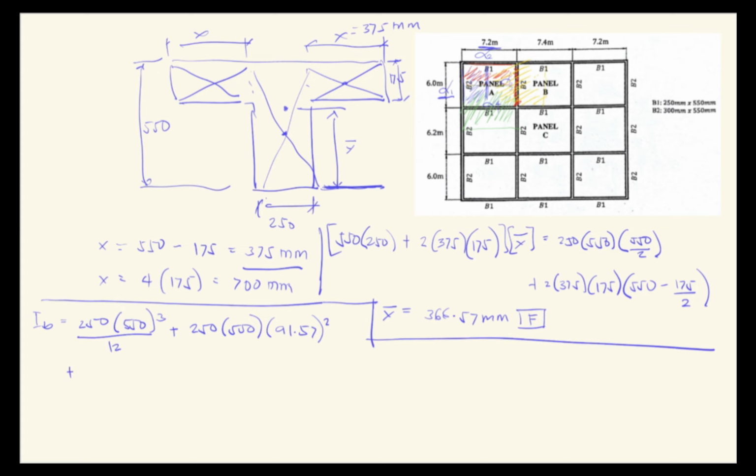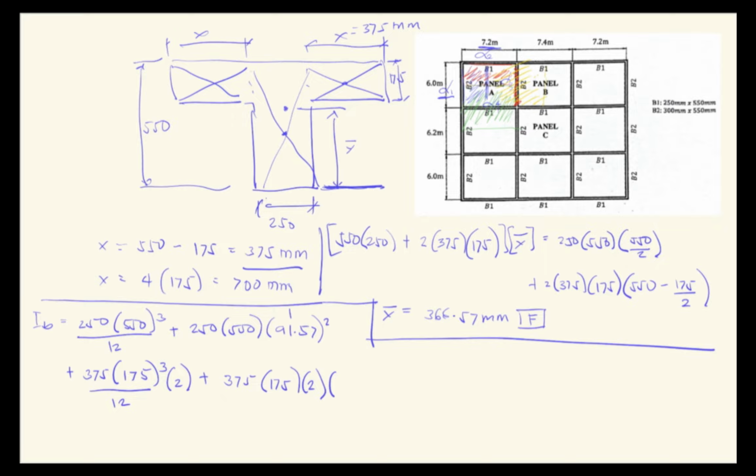plus 375, 175 cubed divided by 12. There are 2 of this, so times 2 plus 375 by 175 times 2 multiplied by, let's say, the distance of the centroid of the cross section under consideration to that of the centroid of the whole cross section.